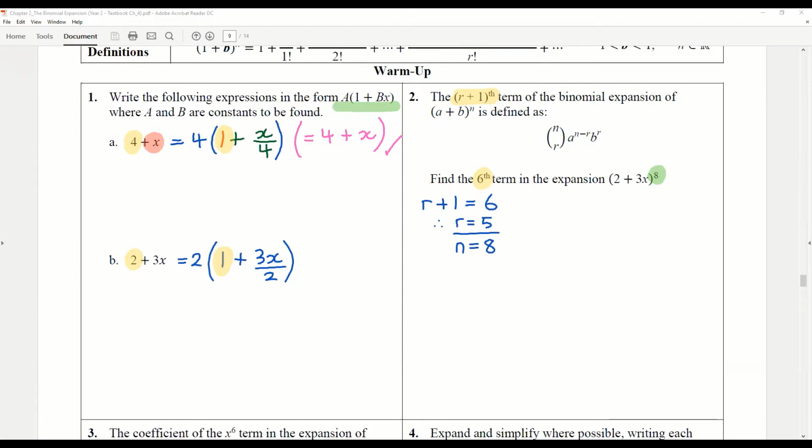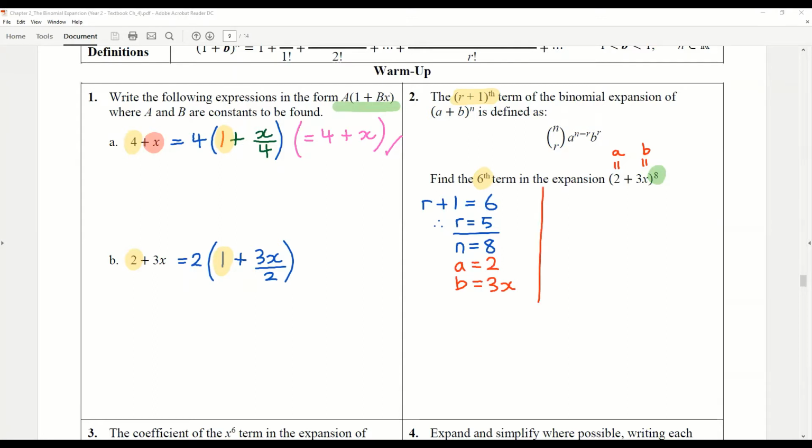The other thing to be clear about is what my A and my B are. So this is my A, and this is my B. So I'll write them down here. A equals 2, and my B equals 3x. So it's a bit of revision from last year. So we have all the ingredients.